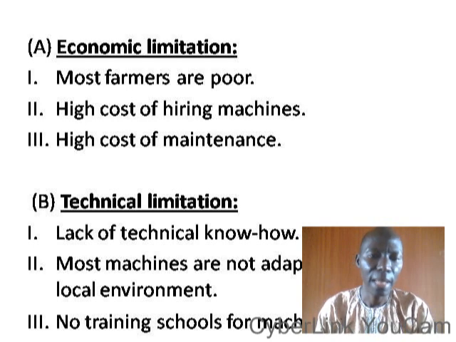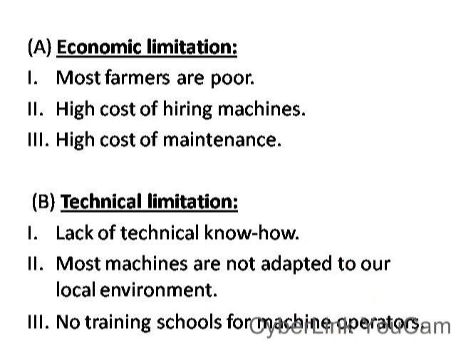B. Technical limitation. 1. Lack of technical know-how. It requires enough skill to operate farm machines and also to maintain them, and this is lacking. 2. Most machines are not adapted to our local environment.